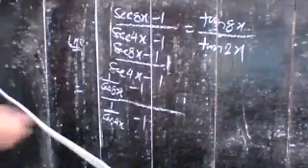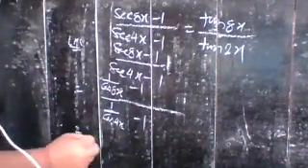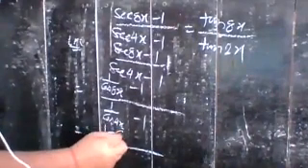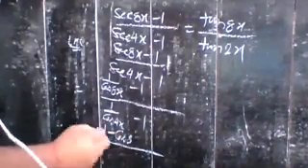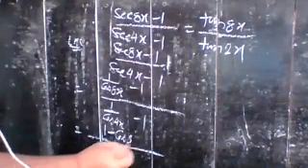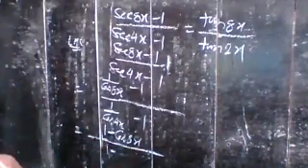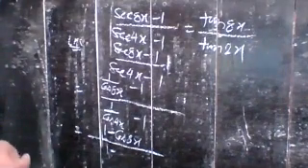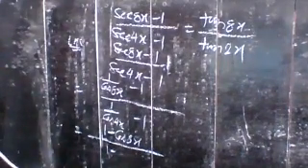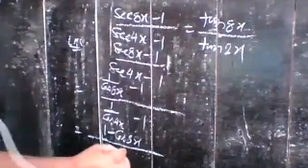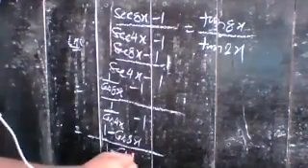Now taking the LCM, you can write 1 minus cos 8x, and here you write 1 minus cos 4x.